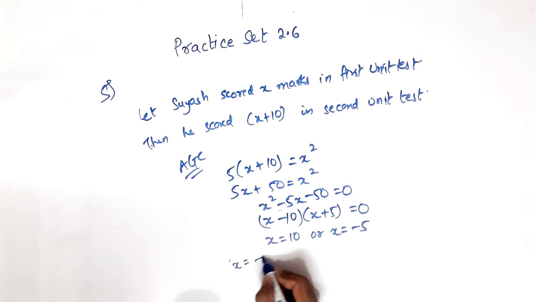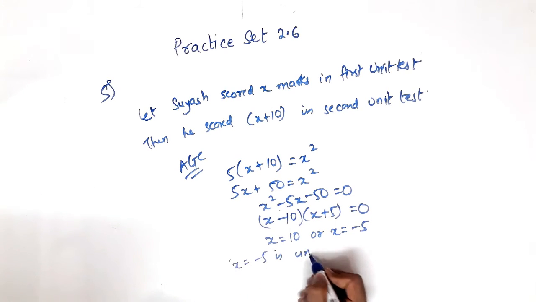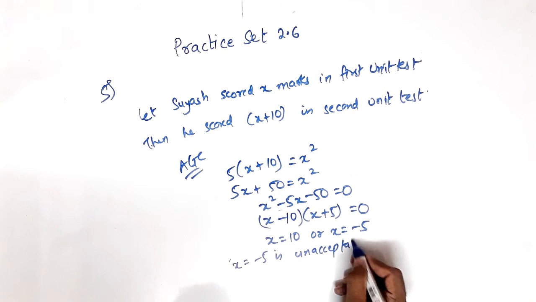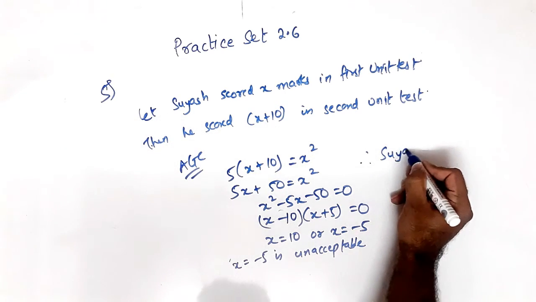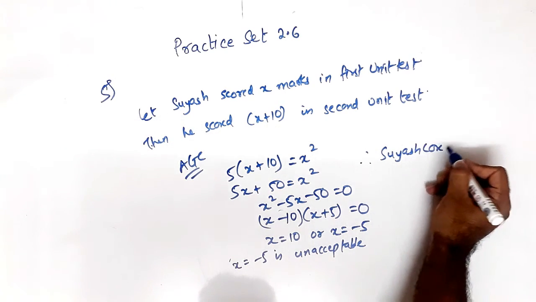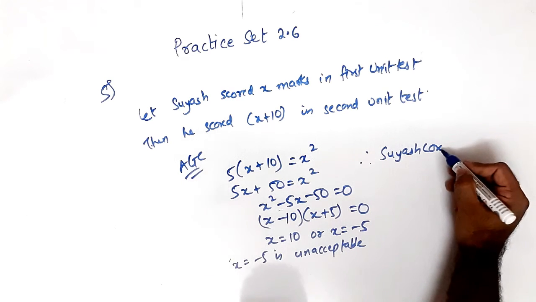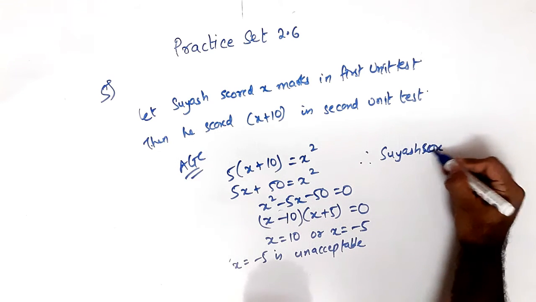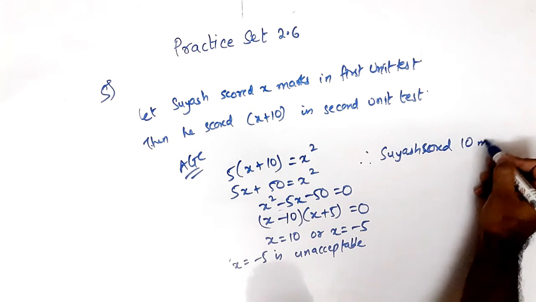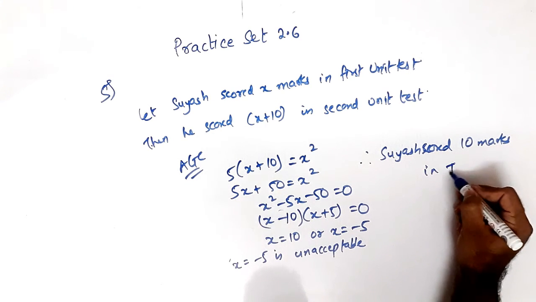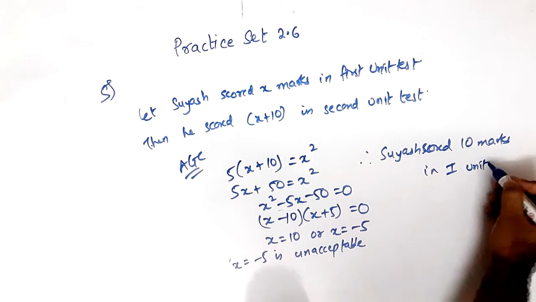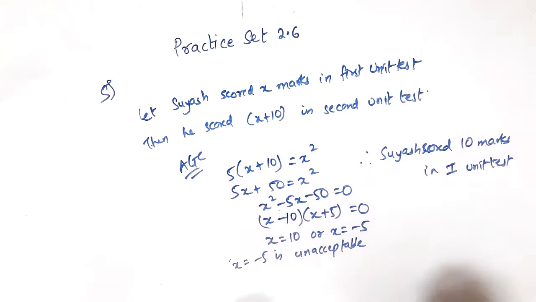Okay, x is equal to minus 5 is unacceptable. Therefore, Suyash scored 10 marks in the first unit test. They have only asked how much he scored in the first unit test.